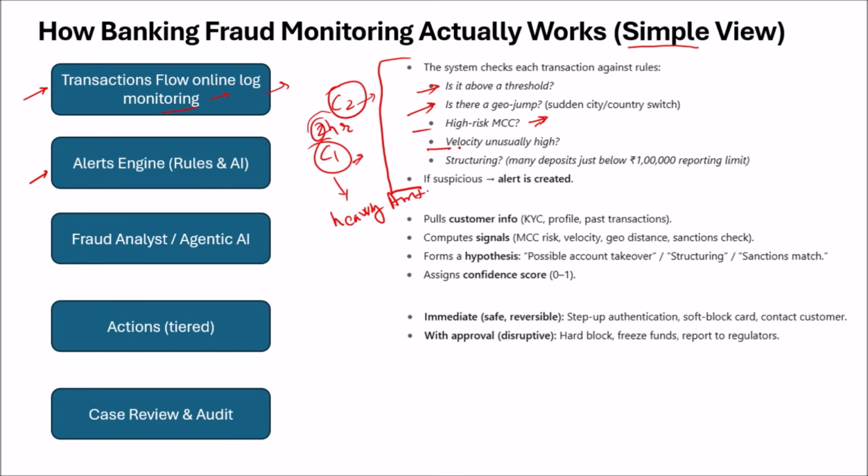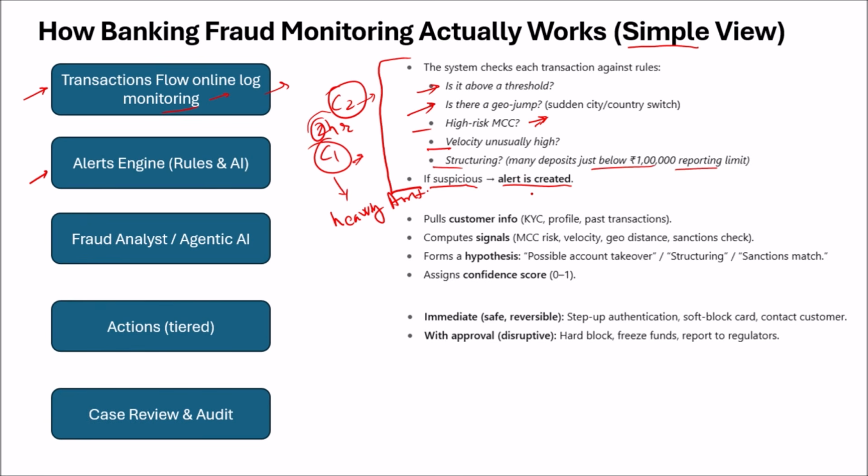Next is the velocity of transactions, like how much amount you can transact. Another is structuring, like how many deposits just below 1 lakh or 100k or reporting limits. Based on all that information, if the banking alert engine finds anything suspicious, it will create an alert.